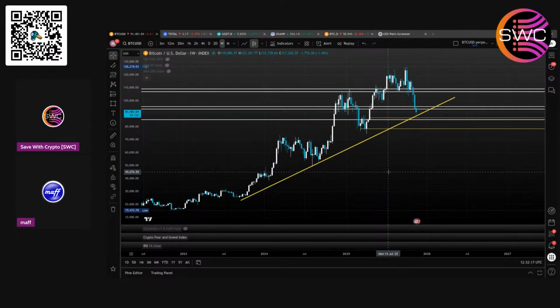But just before that, a couple of things. This is on the weekly. We've got this trend line, which I have redrawn to make the case that we're still above the trend line, and we absolutely haven't dropped below it.